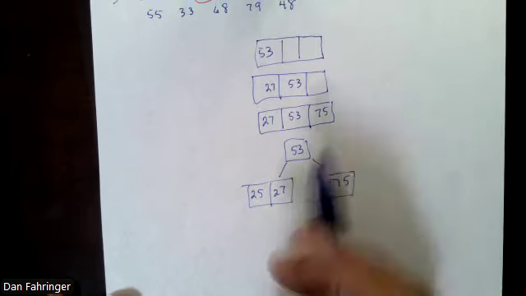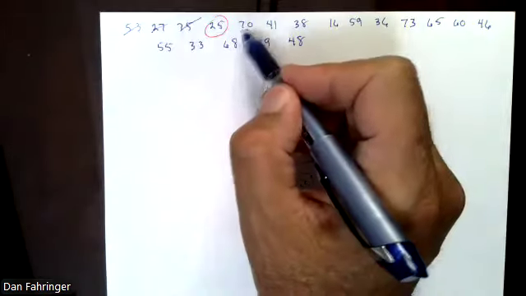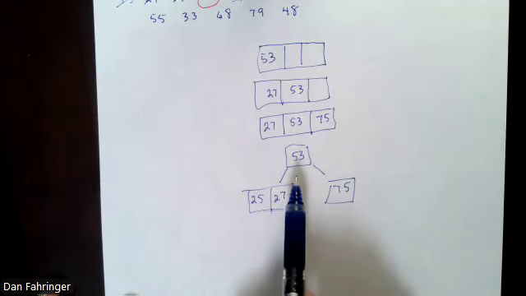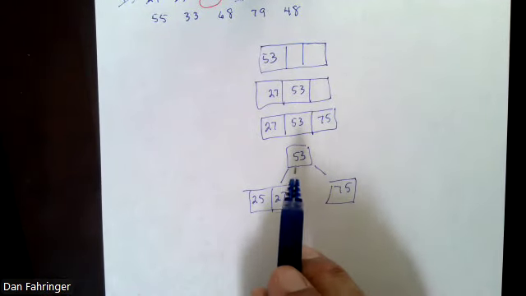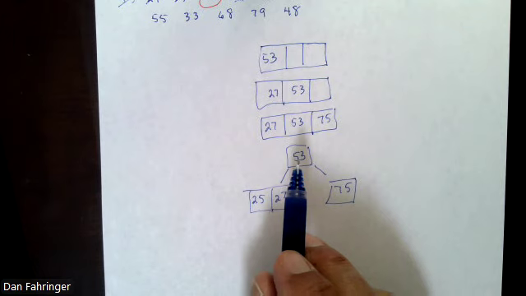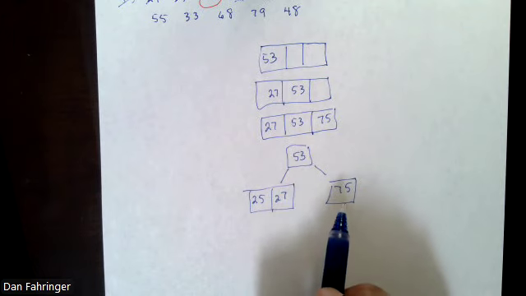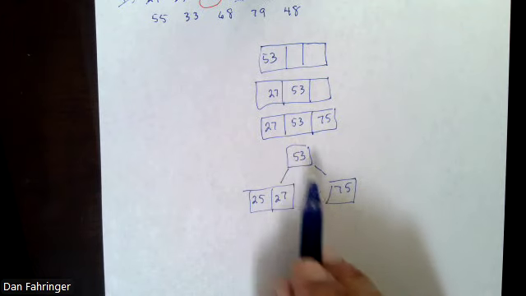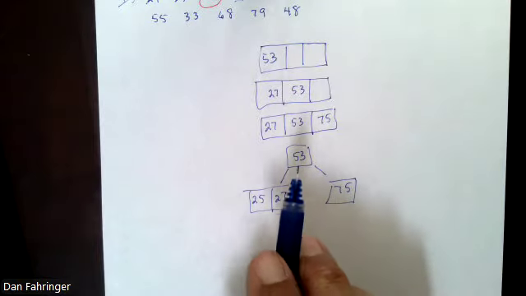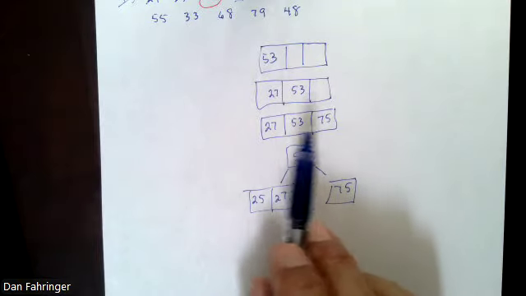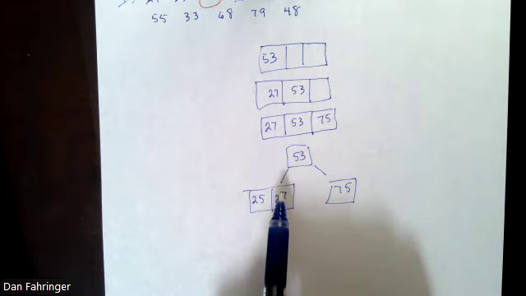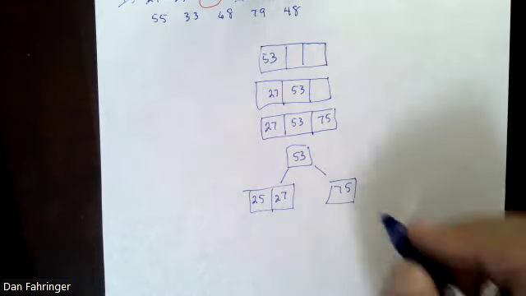Next number I want to add, 70. I'm going to add the 70 to the right side. So we're starting to think of a process here: once it's full, it's split. But now I'm going to add down.